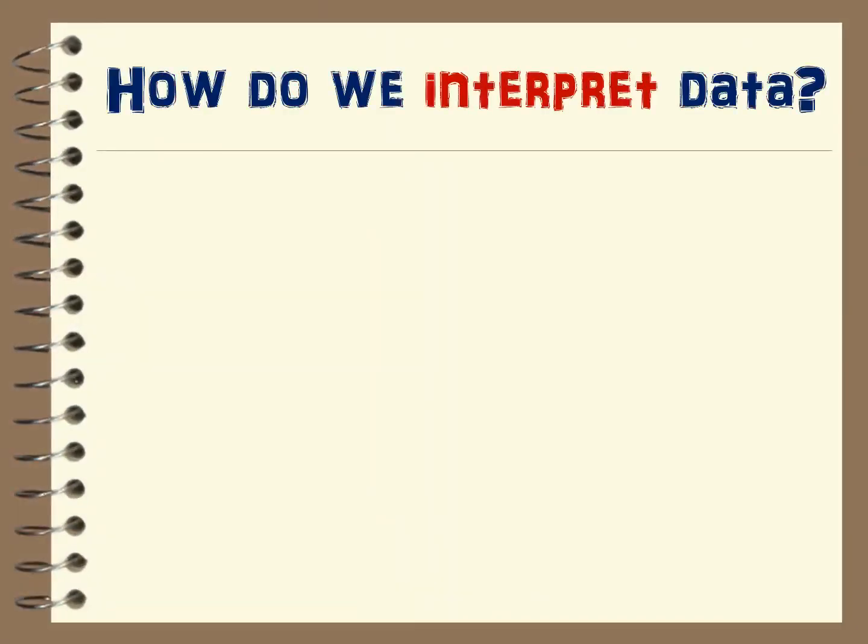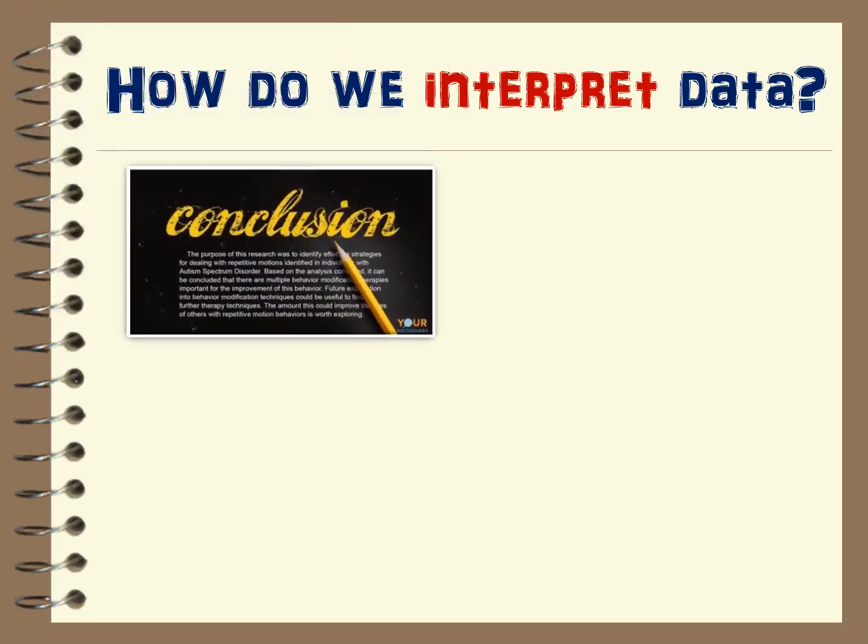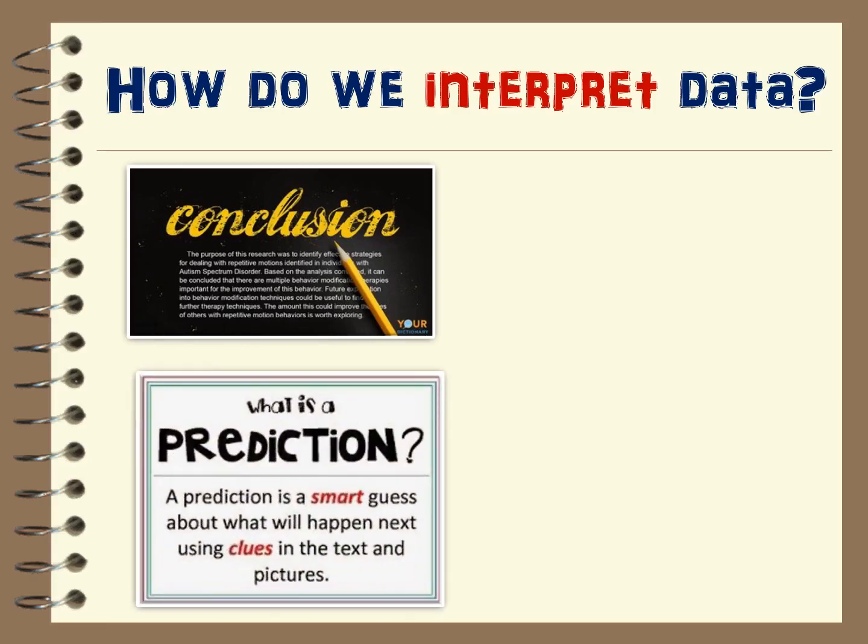Okay, so the last step is the interpretation. After applying any statistical measures or statistical analysis, you're going to interpret your data. How? First, you have to make a conclusion. Since you have already summarized it and you have used the statistical measures, you have to interpret your data by making a conclusion or by making a prediction.